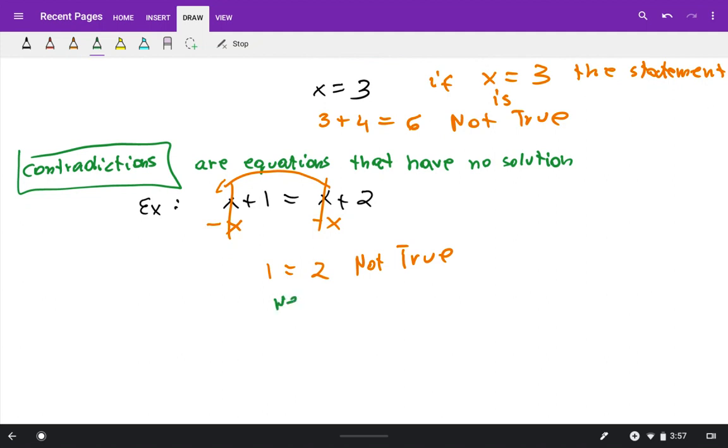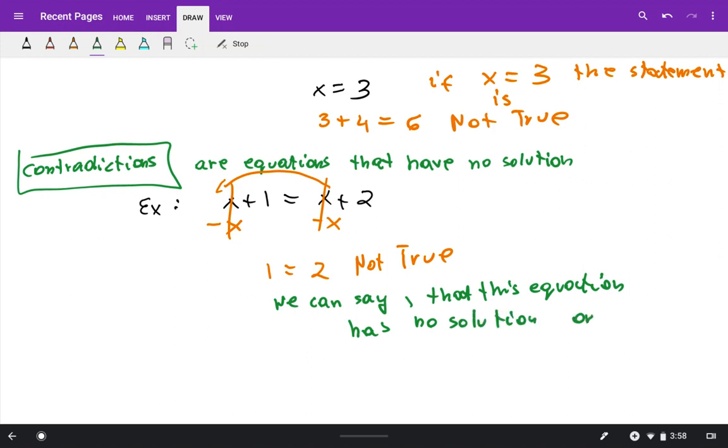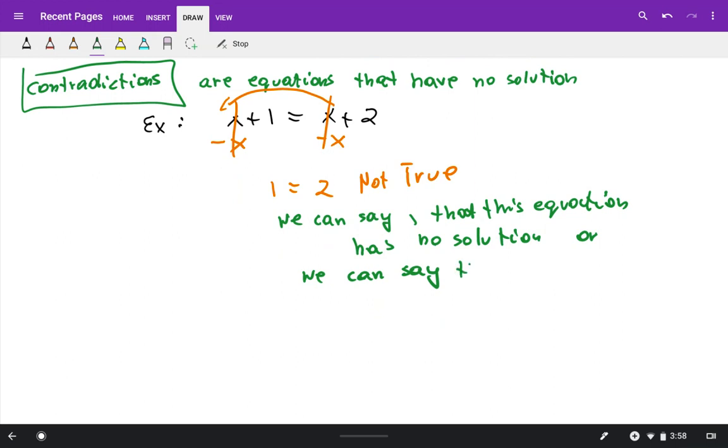So we can say that this equation has no solution, or we can say that the solution is the empty set.